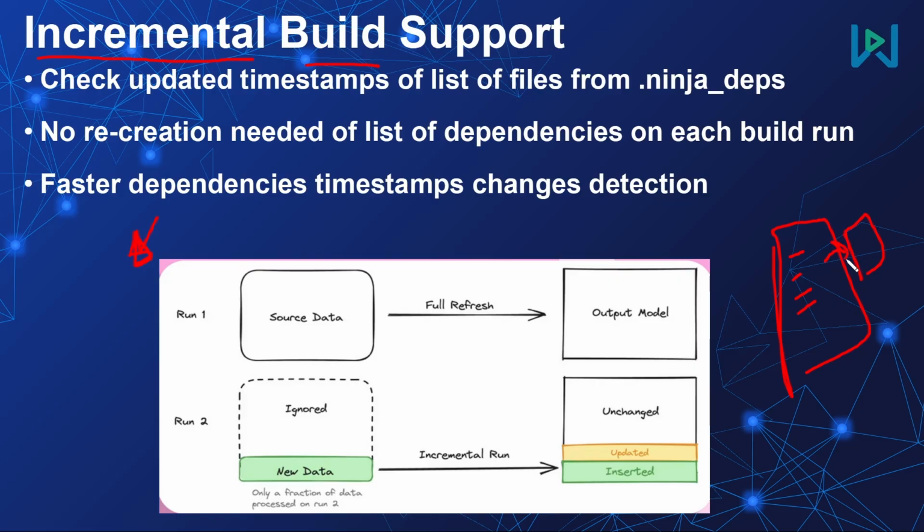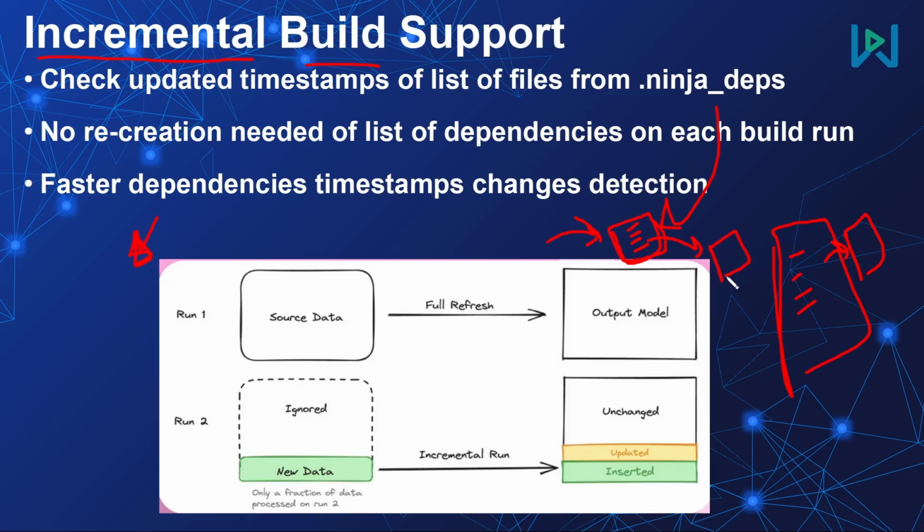In Ninja, this is quite different. This list of the files to be checked will be centralized within this ninja_deps. So instead of parsing the Ninja build file to create the list of the files to be checked, Ninja will read only a single file, and it will be able to get the full list out of this file.